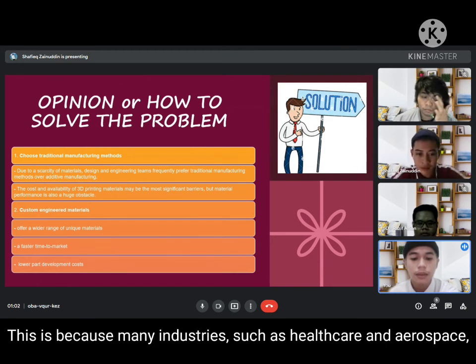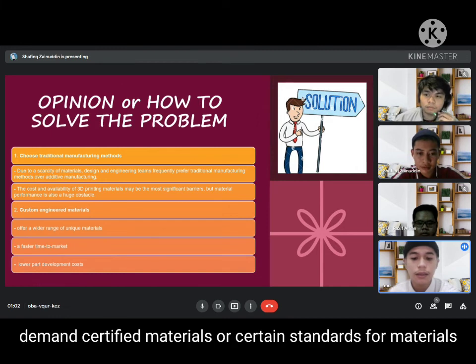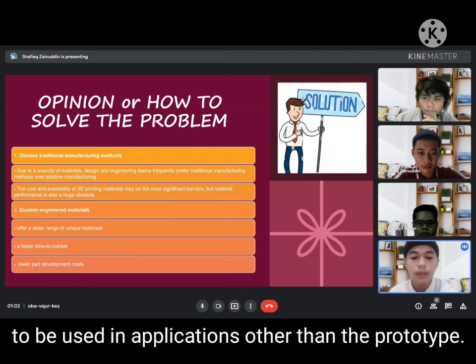This is because many industries, such as healthcare and aerospace, demand certified materials or certain standards for materials to be used in applications other than the prototype.